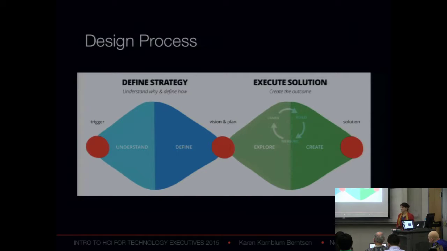And lots of companies have tried to diagram this. This is a very famous diagram called the double diamond, where the first red dot is considered a trigger. And a trigger can be, through research, the discovery of either an opportunity or a problem.